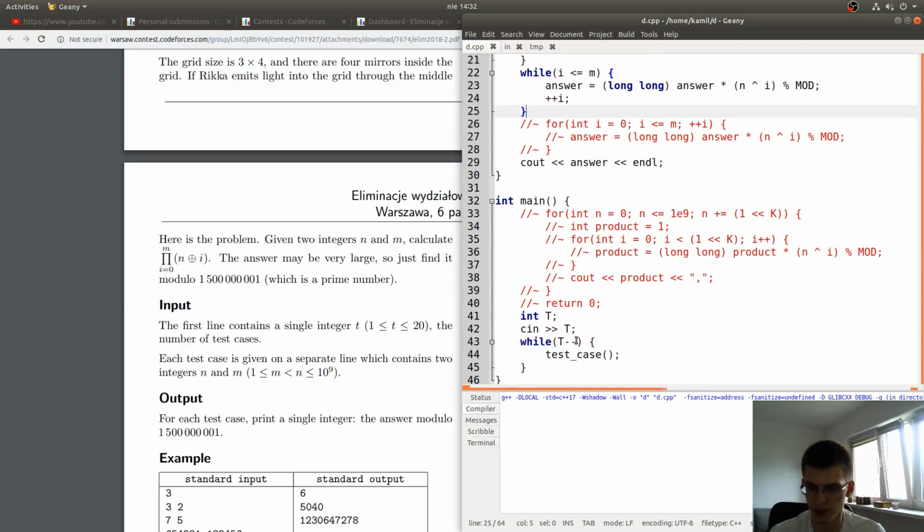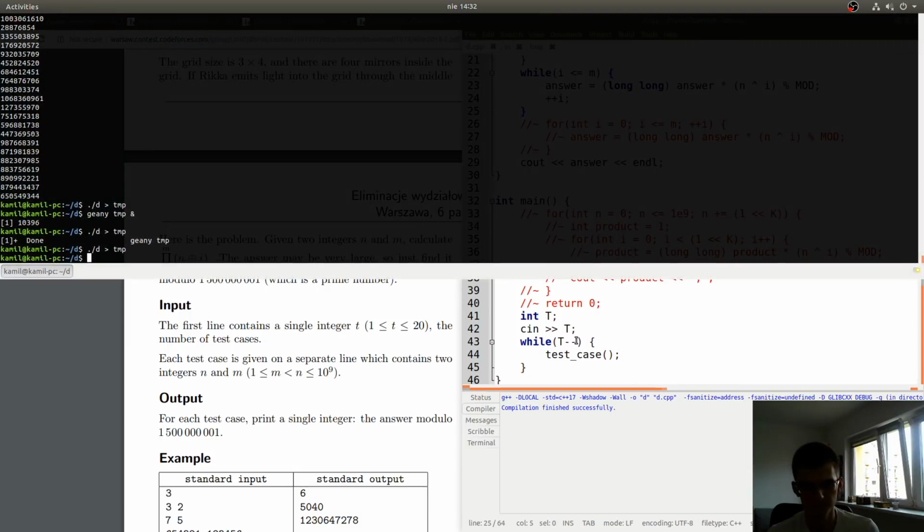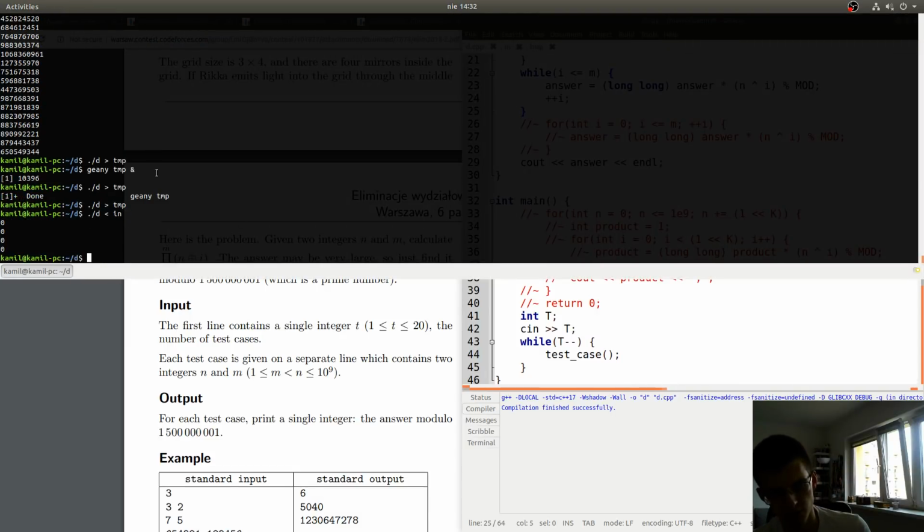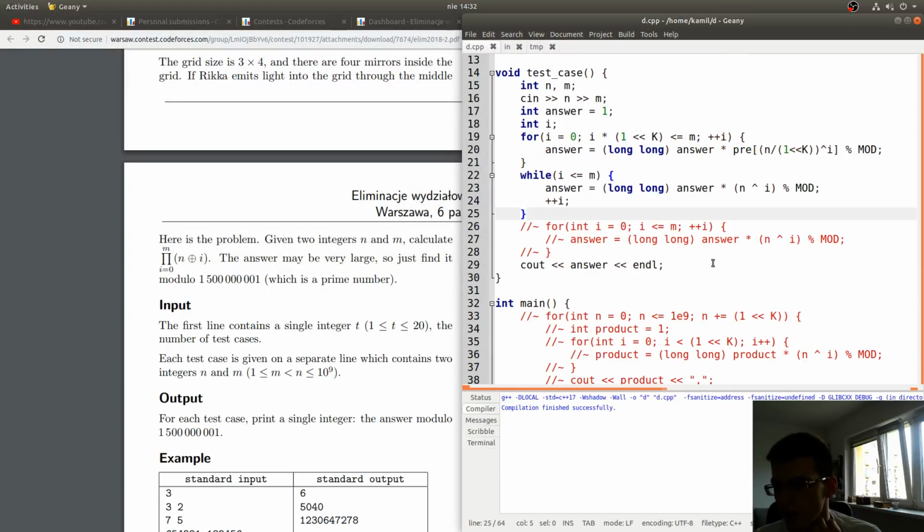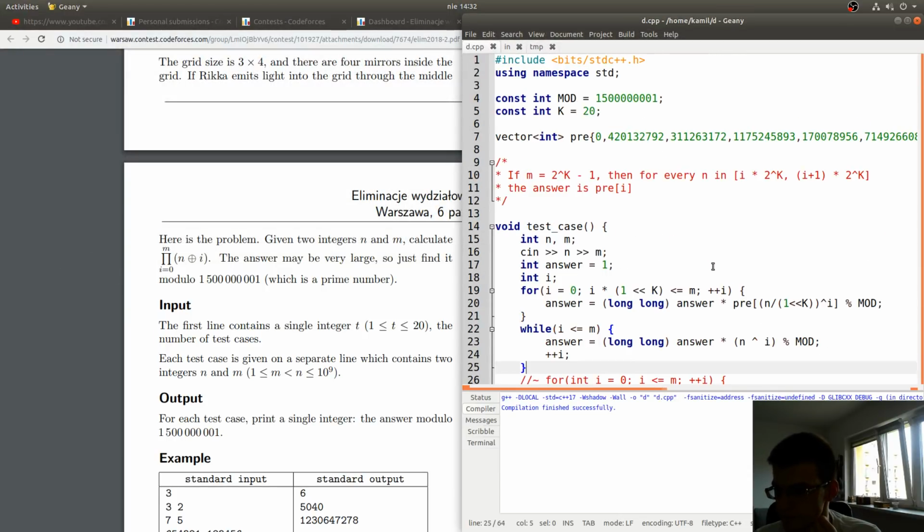Let's see if it works for examples. It doesn't. We have 0, 0, 0, 0. Why? Okay, so we have a 0 here, so apparently this was what made answer equal to 0.